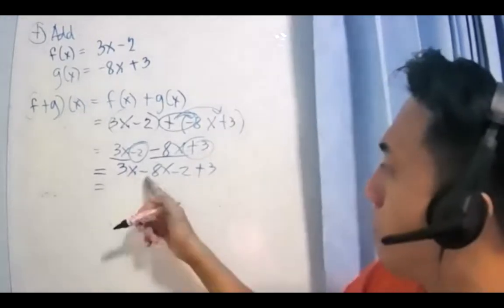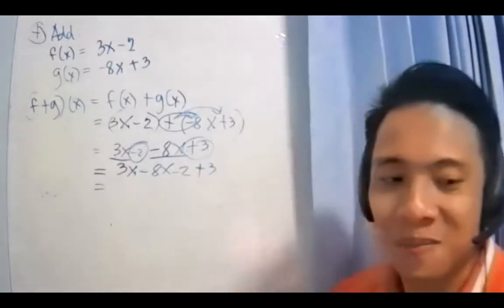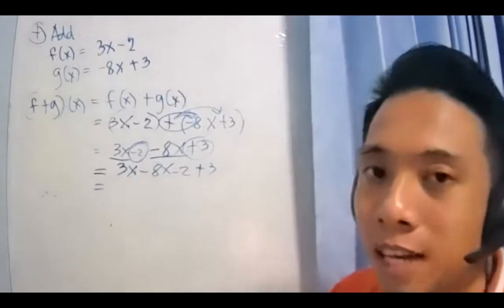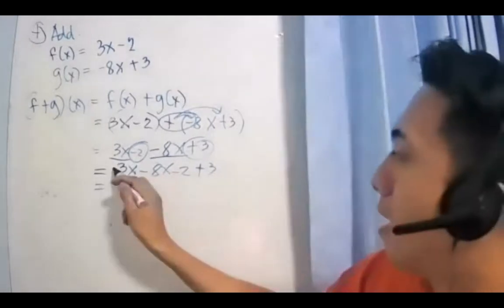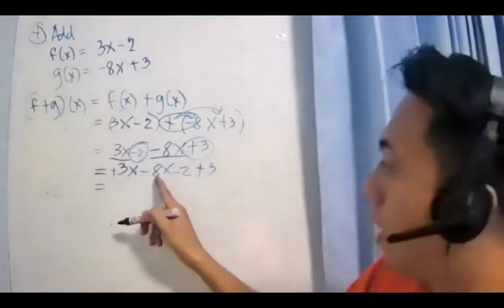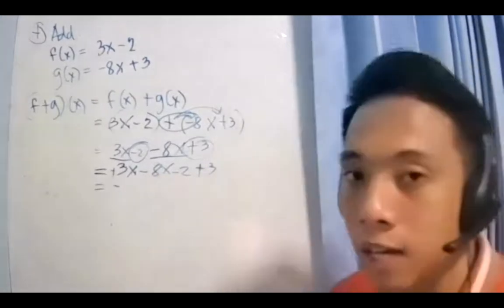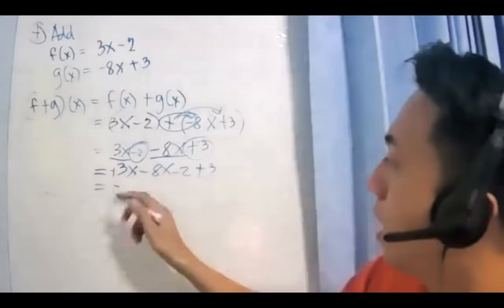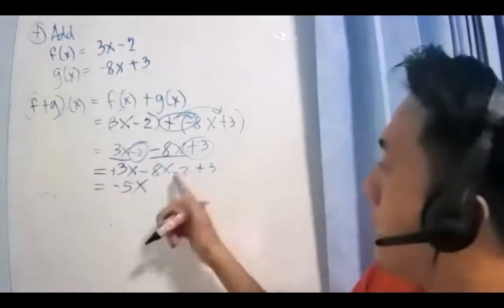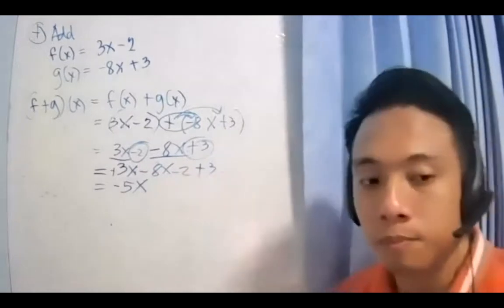Now let's do this one. So 3x minus 8x. Unlike signs, we will subtract, and I will copy the sign of the greater number, 8. So 8 minus 3, that is 5. Then just copy x.